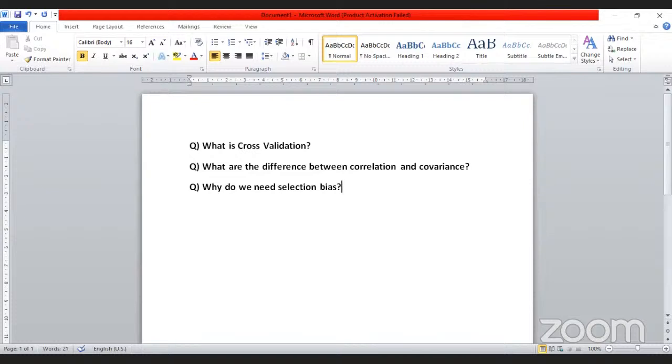When the population data is huge, we perform some calculation on sample data and make a statement about the population mean, right? But when we are selecting our sample, the sample is not random. The data is not randomized. There is some pattern when we are selecting the sample.